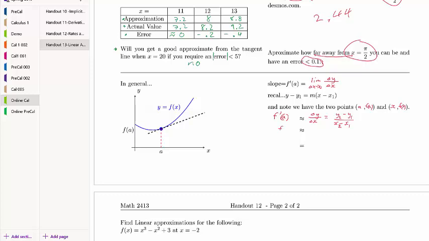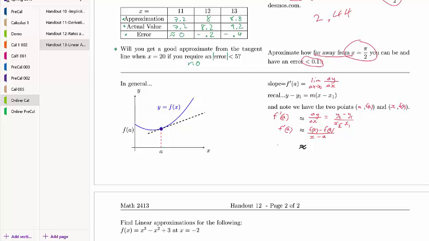Alright, and so again, f prime of a, that is our slope. And we're going to plug in our 2 points now so that we've got f of x minus f of a, that's our delta y, and that's going to be divided by x minus a. Alright, and so now we're going to solve this for f of x. Let's keep this as an approximate.